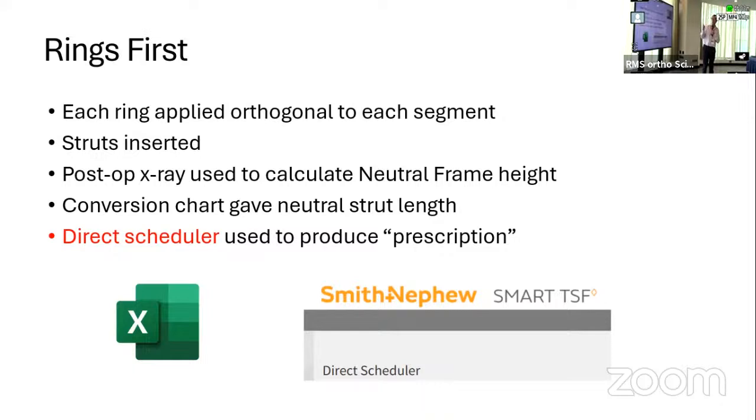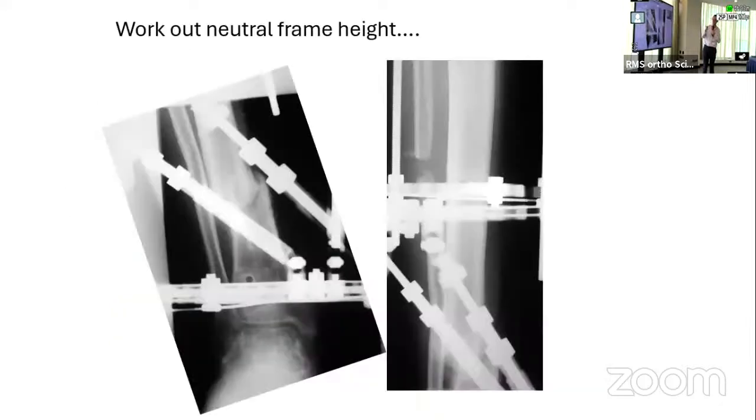So this is called rings first, and you apply a ring to each segment. So this is a fracture, and we've got one ring on this segment, one ring on that segment. You then work out what's called the neutral frame height.